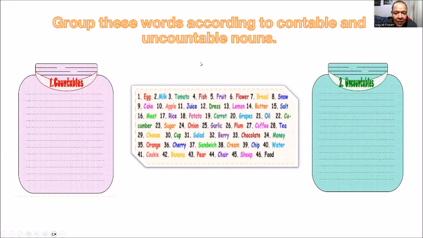Number 1, egg. Countable. Number 2, milk. Uncountable. Number 3, tomato. Countable. Number 4, fish. Uncountable.